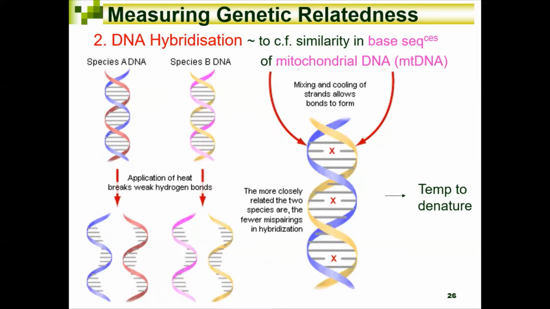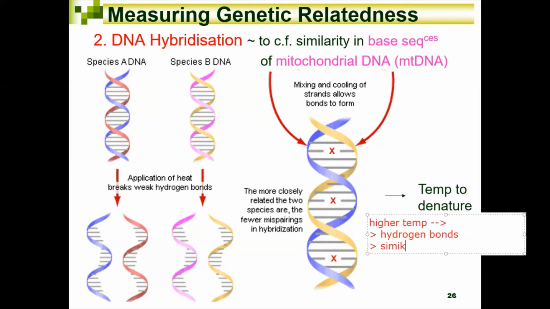DNA are. So the higher the temperature, let's say you need a higher temperature to denature, it means they have more hydrogen bonds. More, right? So more hydrogen bonds means what? More similarity, right?